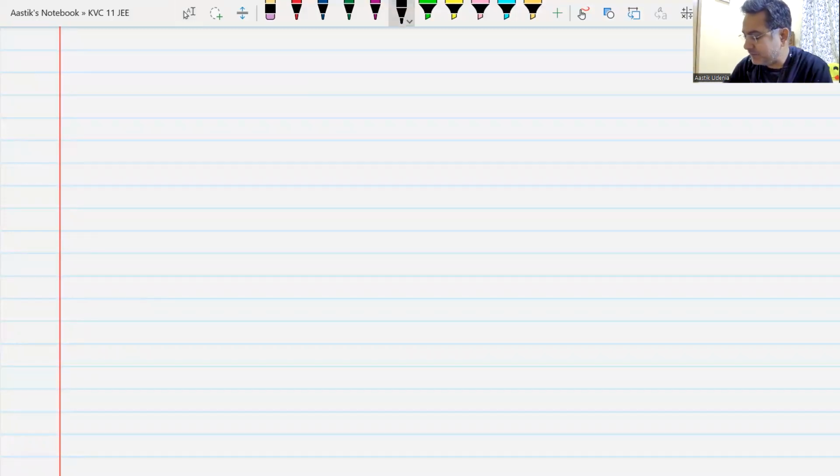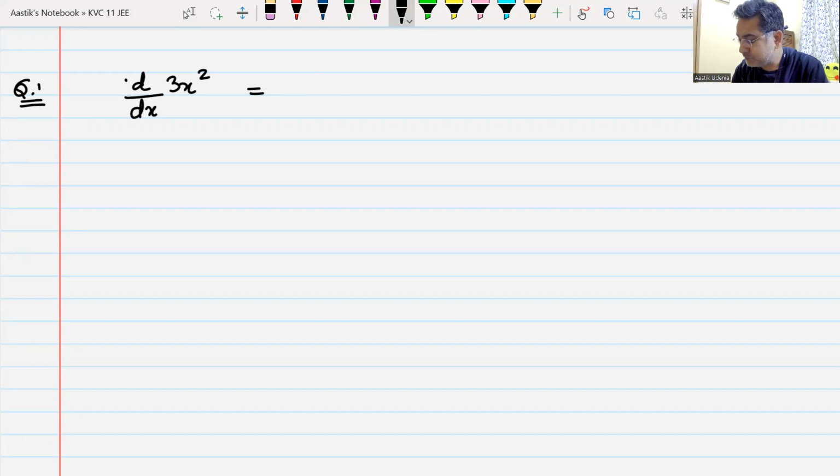For example, if I have a question: find the derivative of 3x square. What is the derivative of 3x square? The derivative of 3x square is 6x.